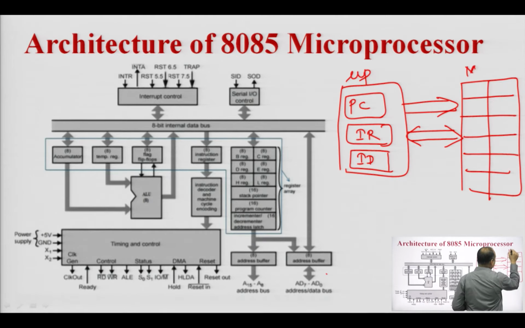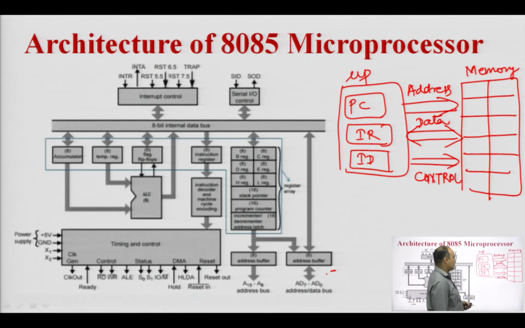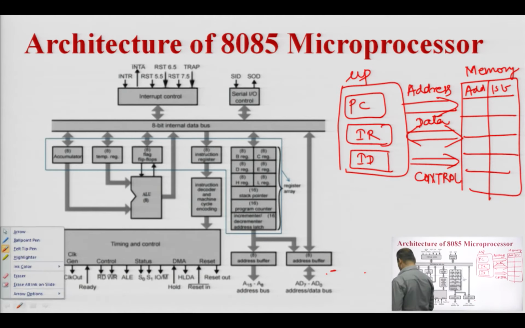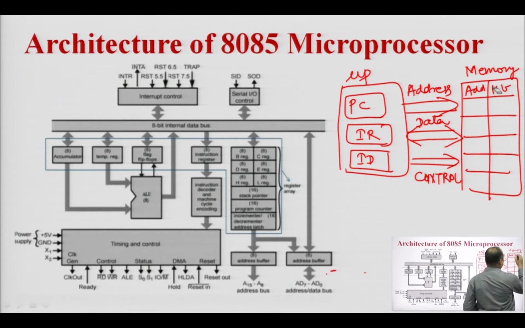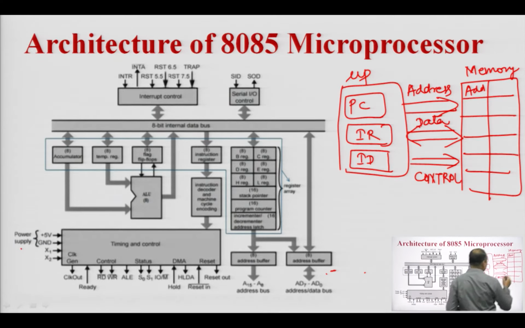Here the microprocessor has the address where the first instruction byte is present. Suppose the address is 2000 H, where the first instruction is present, 2001 H, the second instruction is present.